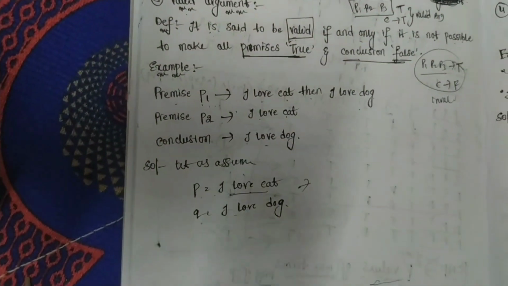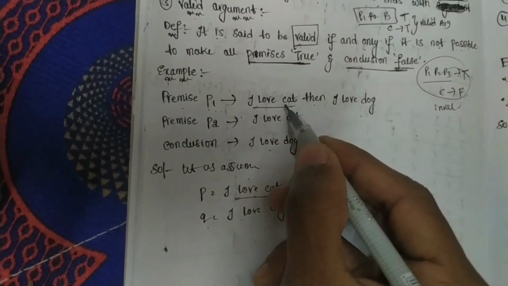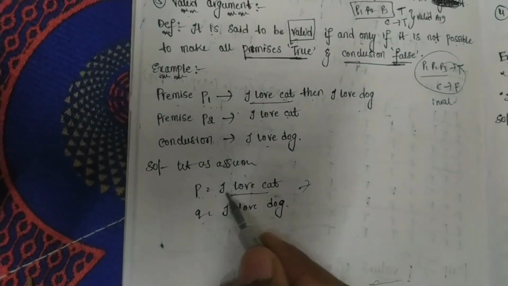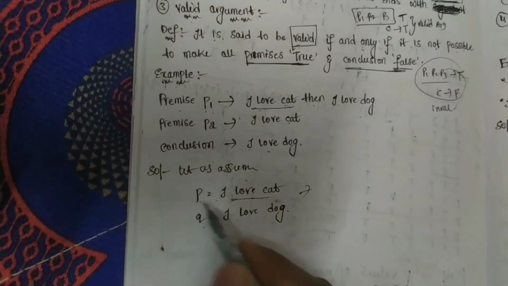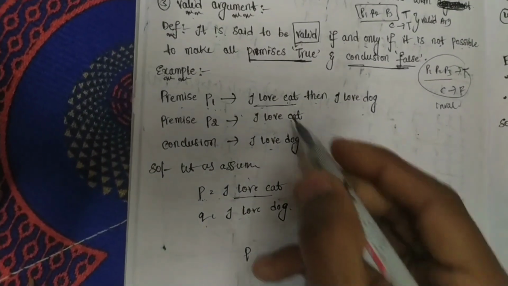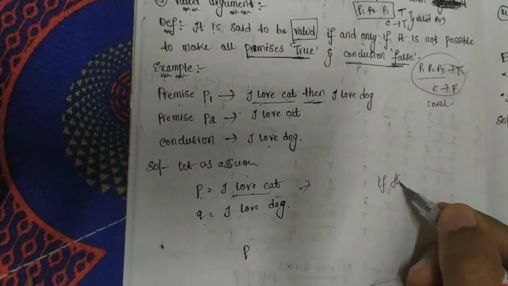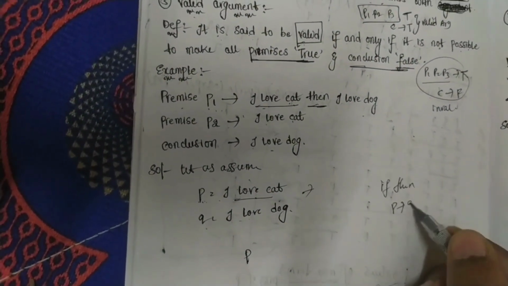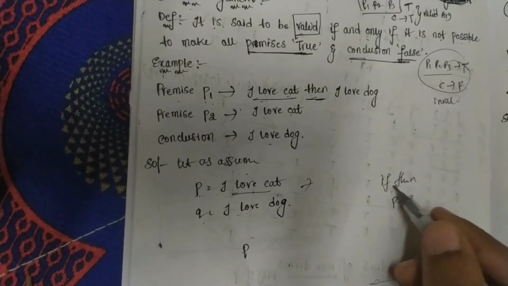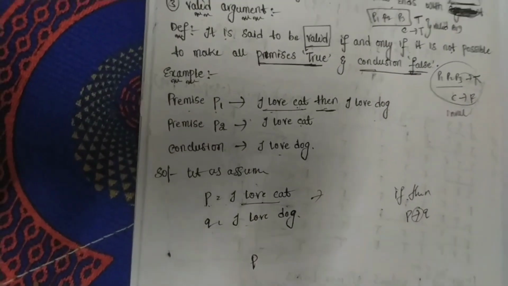In premise one, given that if I love cat, that is P, then I love dog, so it is P implies Q. If, then is replaced by this symbol.